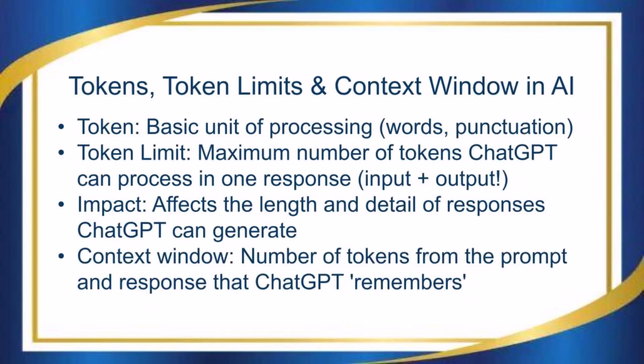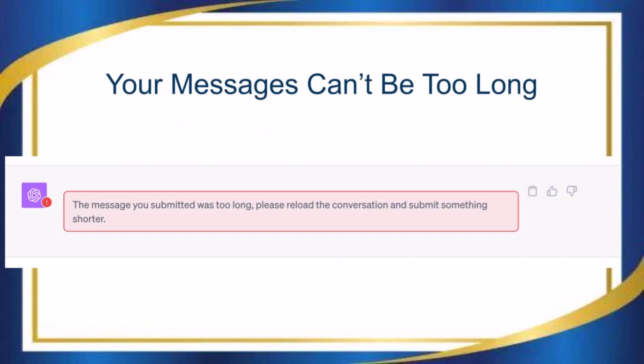All right, so to summarize this: your input is measured in tokens. The output is measured in tokens. If the input and output are too long, you run into the token limit. And if you run into the token limit, you get an error message and you can't go further. So you have to go back and take a shorter prompt to get an actual output.